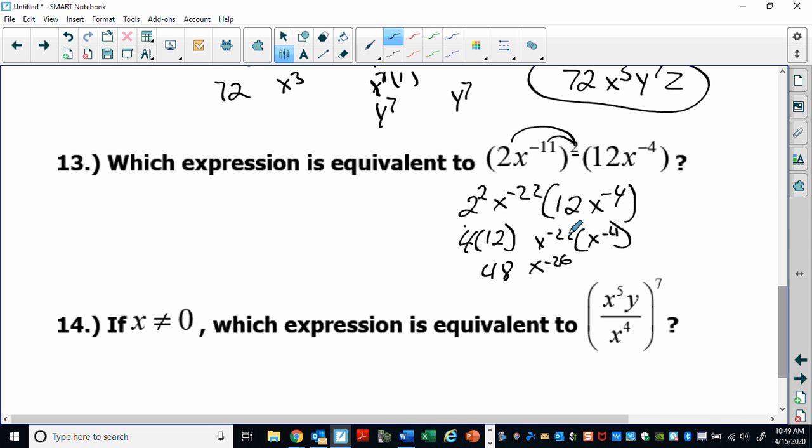Remember, put negative 22 plus negative 4 into the calculator, and you would get x to the negative 26th power. Now we're not done here. We are simplified down to two terms. What has to happen is we have to get rid of this negative 26. So it's going to be 48 over x to the 26.